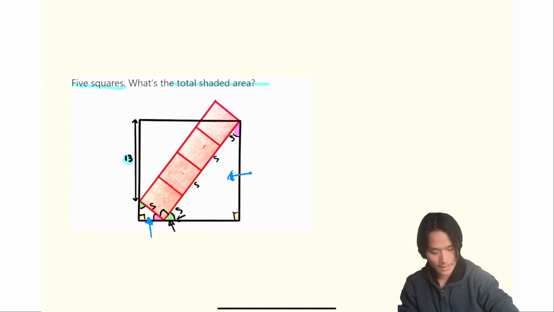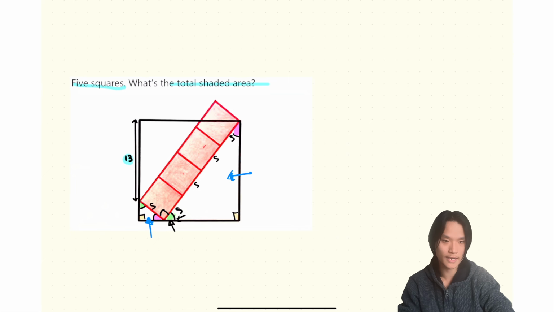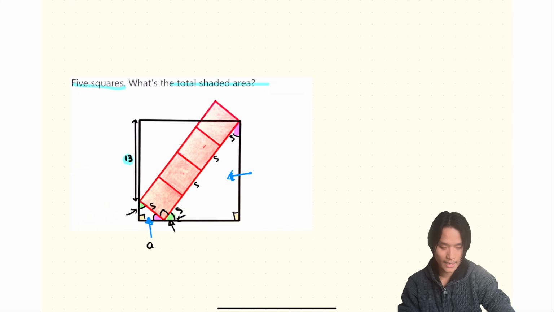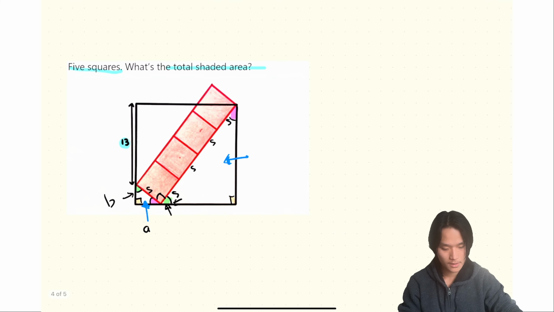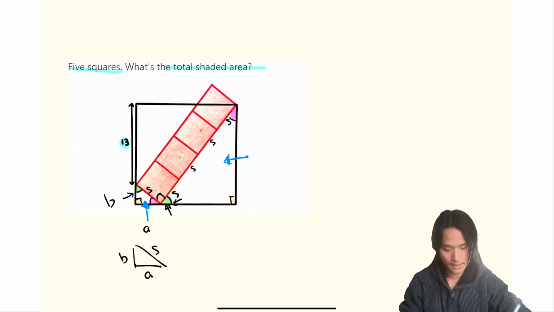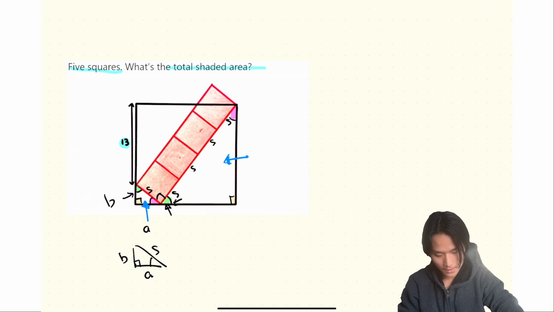Let me label the base of the smaller triangle A, and we also label the height B. So this triangle here, we'll draw it. It has sides A, B, and S. Let me give it the colors as well.